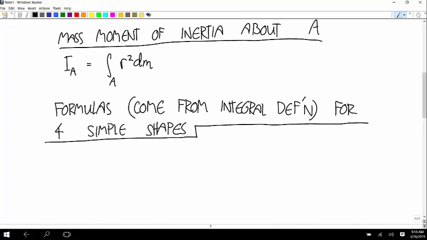You don't have to use the integral definition very often, maybe never, because if you come up with a shape that you don't know the formula for, you just ask your smarter friend to derive a formula, and then you use the formula. Okay, so the first one is a slender rod. This is the only one I got to before.